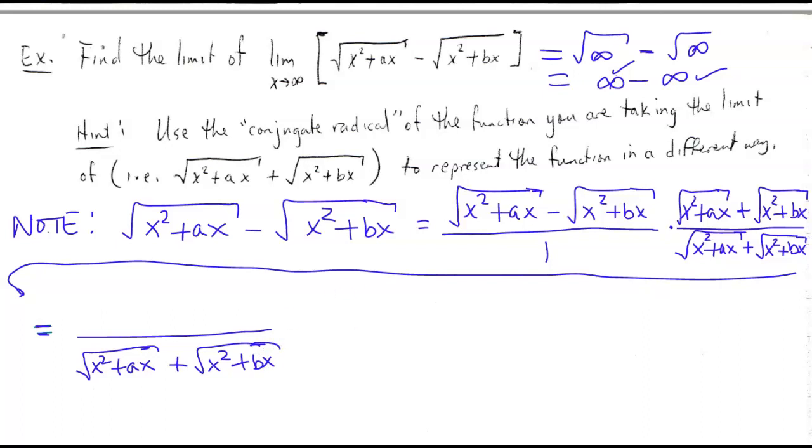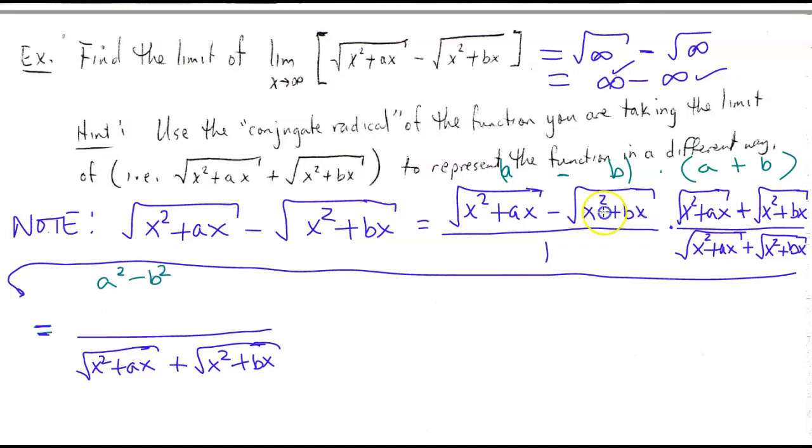However, our numerator, when we multiply that out, that's going to look a little different. And to make life easy for us, note here that if we think of this first term as a and the second term as b, then we have a minus b times a plus b. And of course, a minus b times a plus b is just going to be a squared minus b squared.